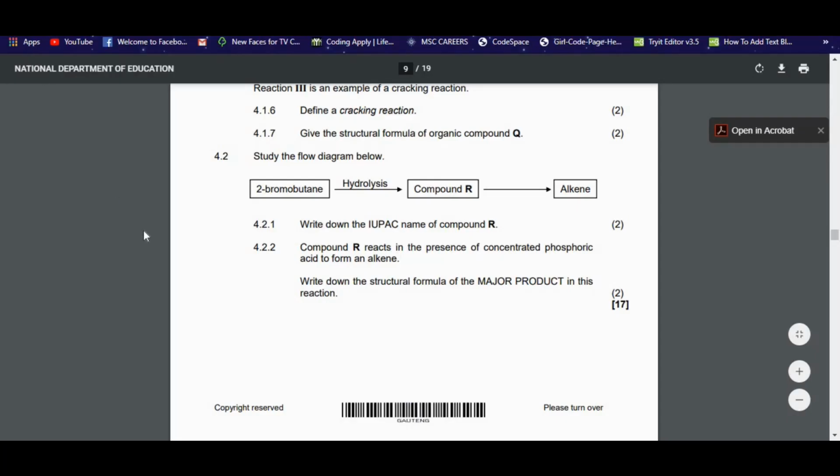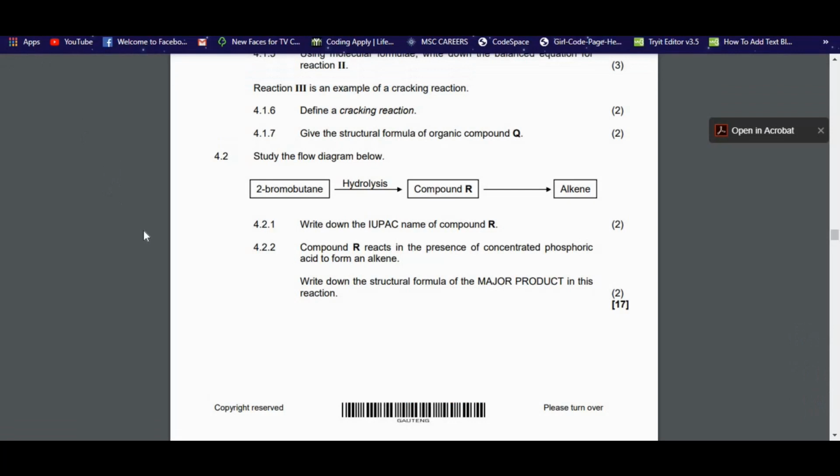We have 4.2. 4.2 says study the flow diagram below, which has 2-bromobutane, which undergoes a hydrolysis. We get compound R, and then we also have an alkene that is formed. They want us to write down the IUPAC name of compound R. Now, when you undergo hydrolysis, you're basically adding the OH group to your organic compound.